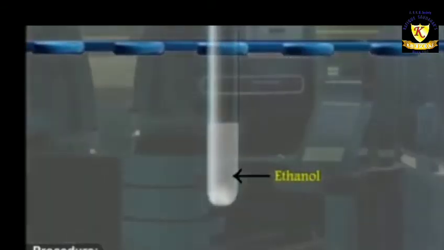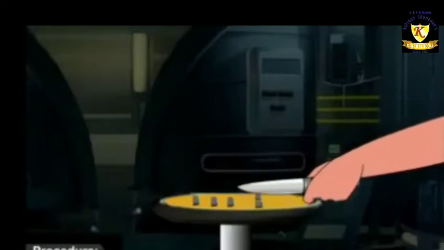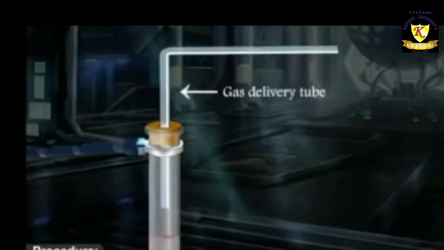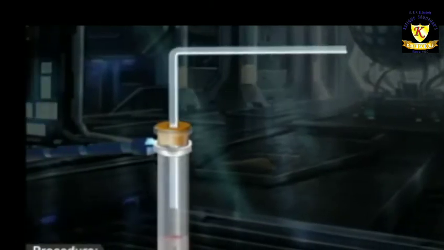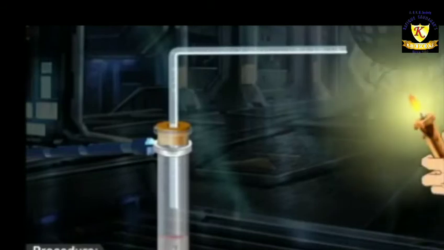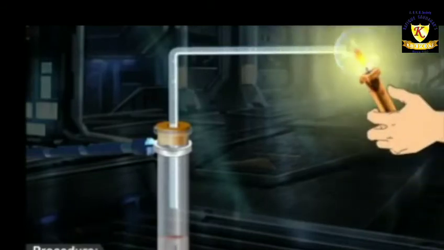Now what is the procedure? Take 10 ml of ethanol in a big test tube. Cut sodium metal into 2 to 3 pieces of a cereal grain size. Put the sodium pieces into ethanol in the test tube and fix the gas delivery tube to the test tube. Take a burning candle near the outlet of the gas delivery tube and observe.